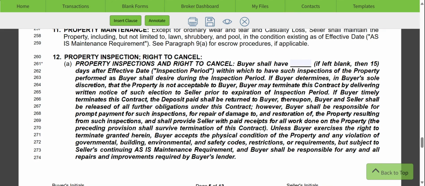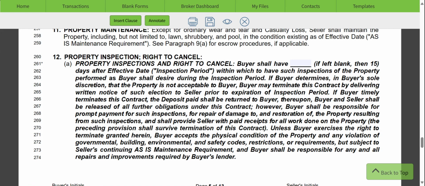So, keep in mind, you as the buyer are responsible for that, but you do have the right to cancel the contract. If you do not cancel the contract as a buyer by the end of the inspection period, you are accepting the physical condition of the property and any violation of governmental, building, environmental, safety codes, restrictions, or other requirements.